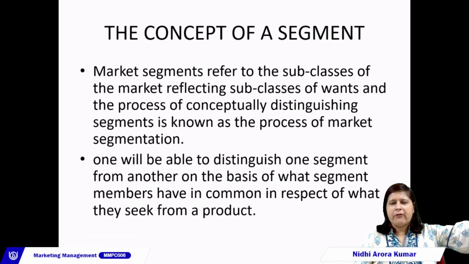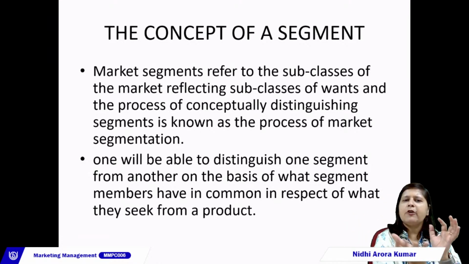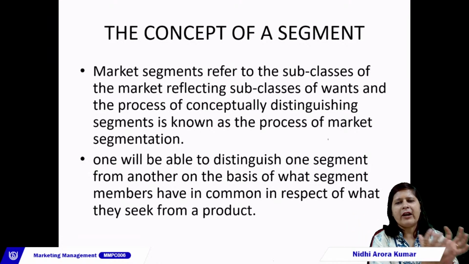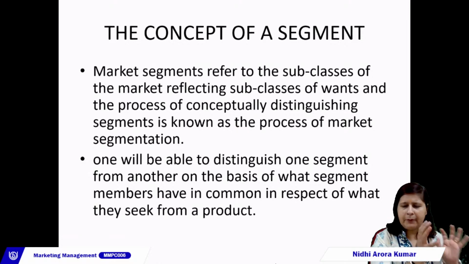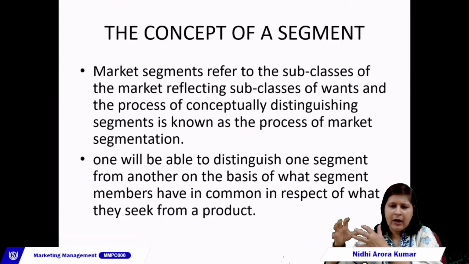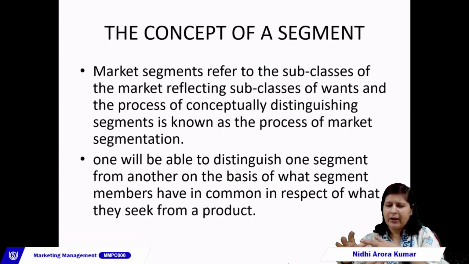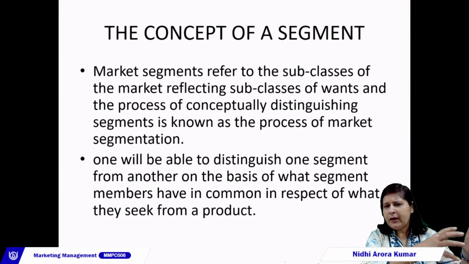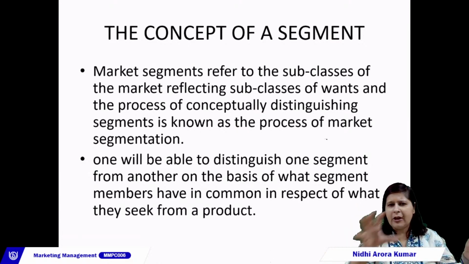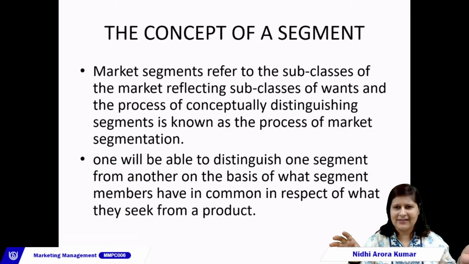Because we have created a group of people who are looking for the A attribute in a product, the next group could be those looking for a B attribute, and the third group those looking for a C attribute in a product. So these three groups are known as the segments or subclasses.